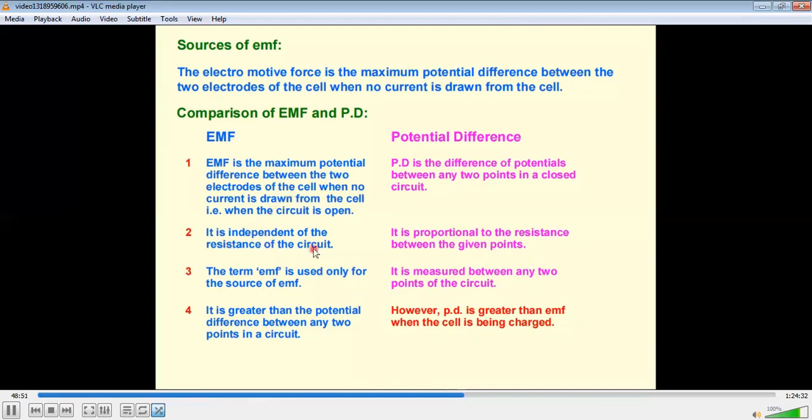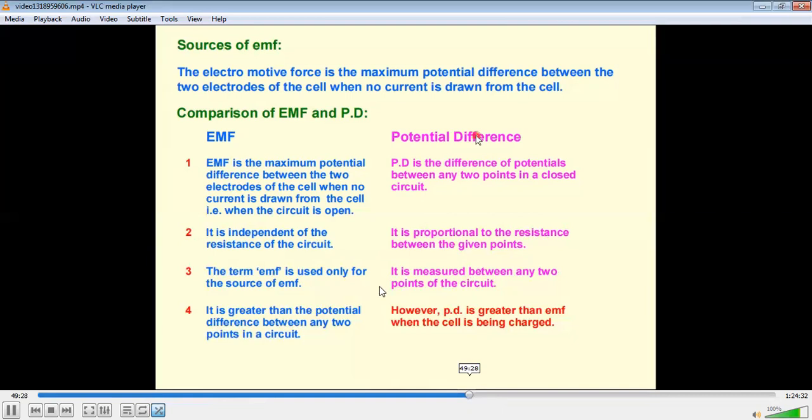Number 4, EMF is greater than the potential difference between any 2 points in a circuit. However, potential difference is greater than EMF when the cell is being charged. If we give extra charge to the source, then the potential difference may be greater than the electromotive force. So there are 4 comparisons between EMF and potential difference.